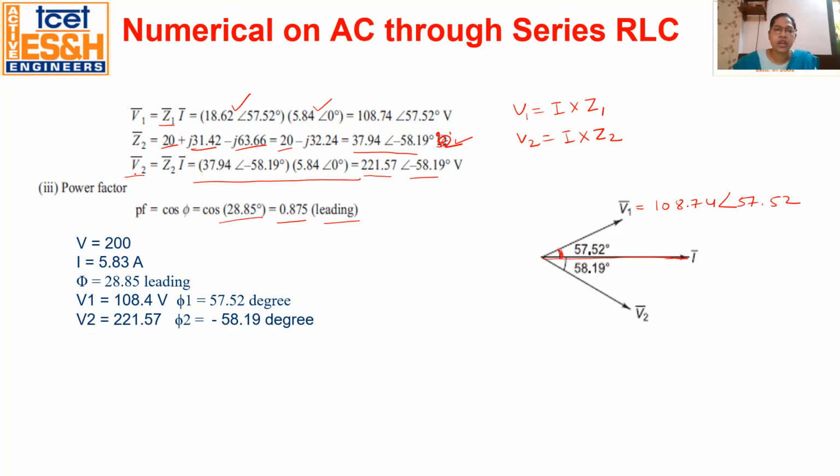For V2, it is 221.57 with an angle of minus 58.9. Because of the minus sign, this is the position after I. You see, this is the vector representation in which you show V1, V2 and I.